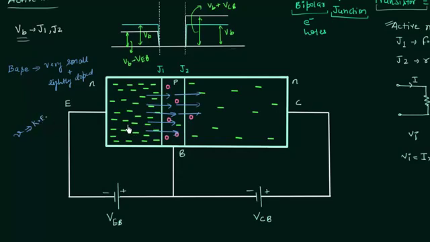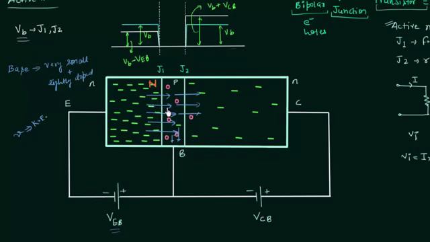So most of the electrons emitted by the emitter will find themselves in the collector. Very few electrons will recombine with the holes, and this means electrons will move to VEB, the positive terminal of the forward biasing potential.